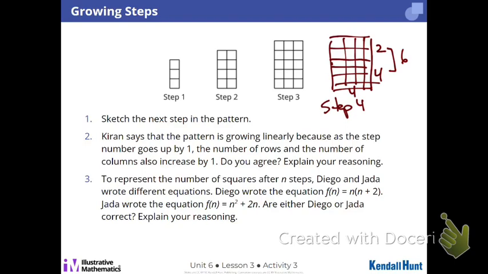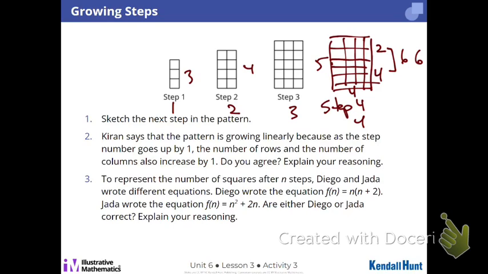We all vibing? Okay. Now, Kieran says it's linear because it's going 1, 2, 3, 4 on the base, and it's going 3, 4, 5, 6, 1 by 1. So linear? No. It goes up by 1 in 1 dimension, but it goes up by 1 in 2 dimensions, which is squared. The area gets squared, right?